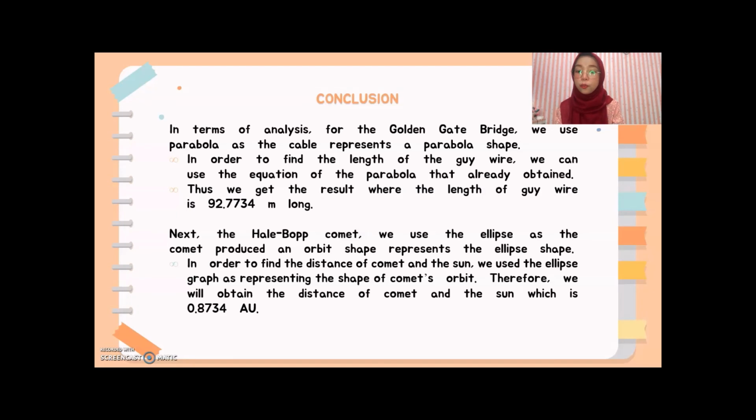Next, for Halley's Comet, we use the ellipse as the comet produces an orbit that represents an ellipse shape. In order to find the distance of the comet and the Sun, we use the ellipse graph representing the shape of the comet's orbit. Therefore, we obtain the distance of the comet and the Sun, which is 0.8734.